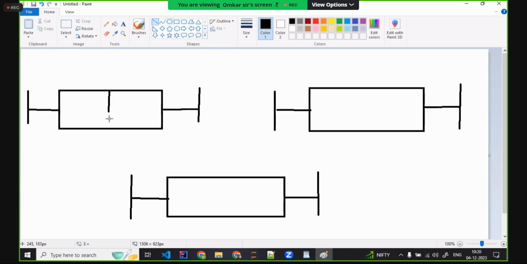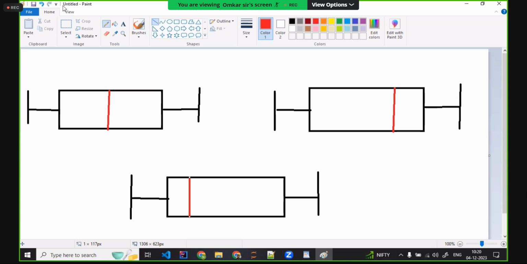In the middle it is here, and here is a line, and here is a line, like this.